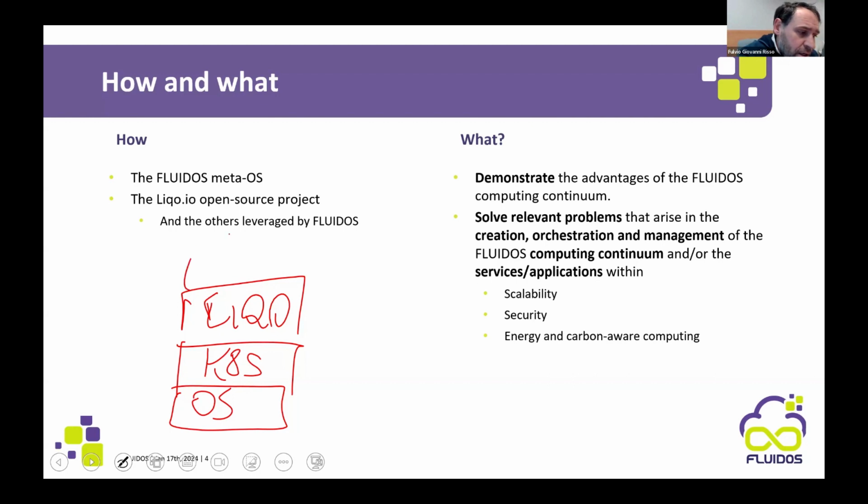And even on top, we have Fluidos. There is not that much to know about the operating system. It is already there, and we're not touching or extending it. So our software stack is mainly based on Kubernetes, Liqo, and then Fluidos.